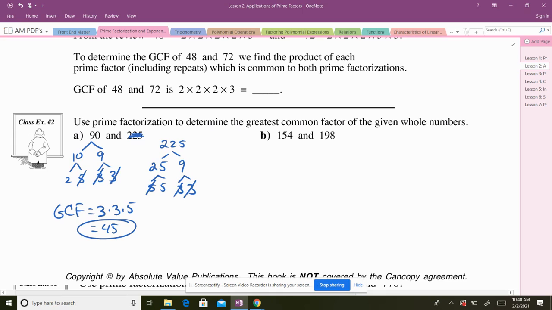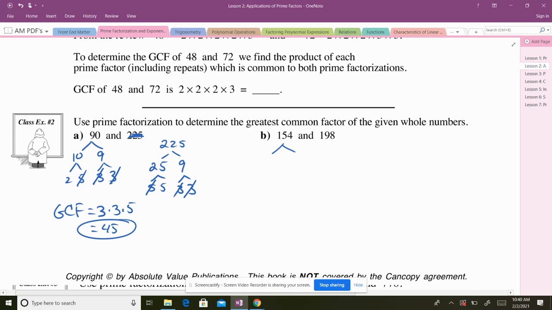So let's try 154 and 198. What multiplies to 154? If you're in doubt, you could just try 2 because it's an even number, right?